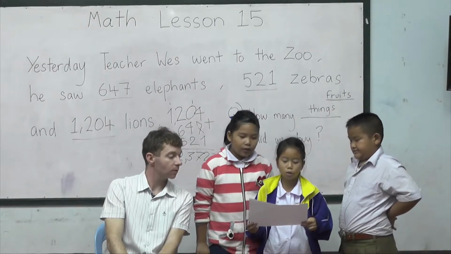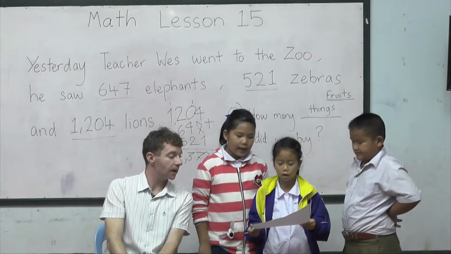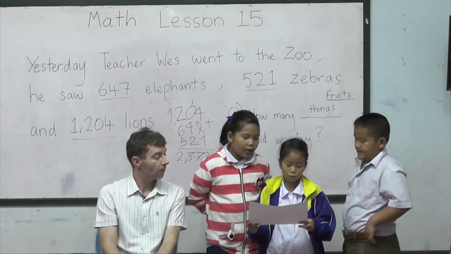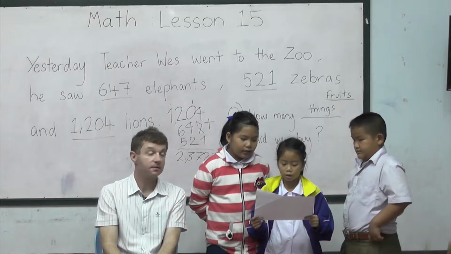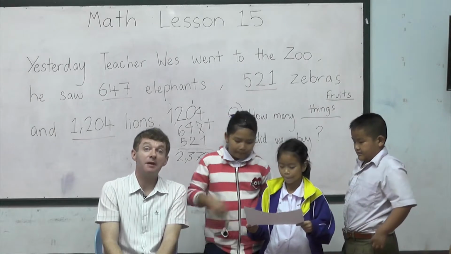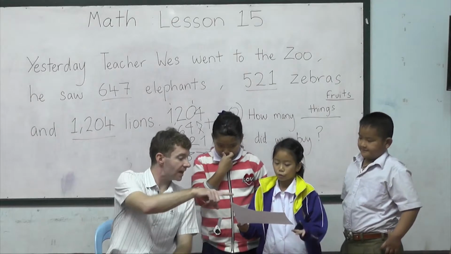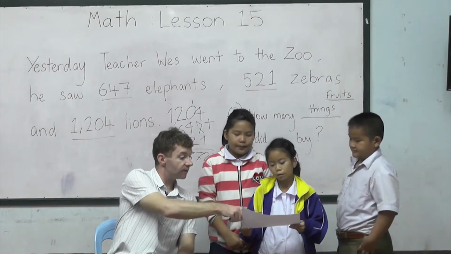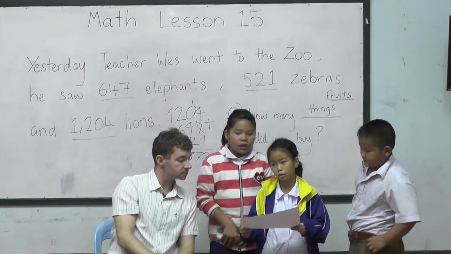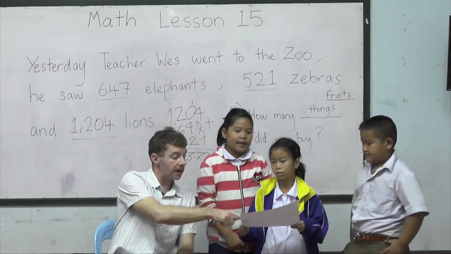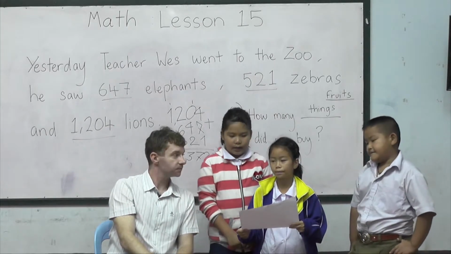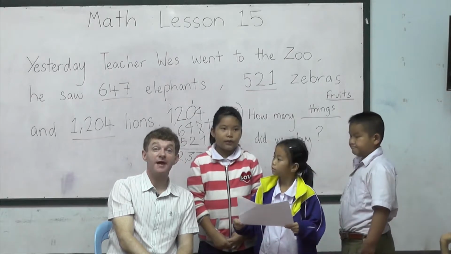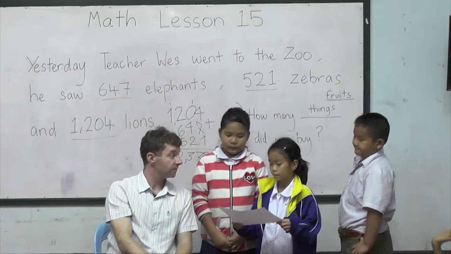And Prel go to buy 190 bananas. How many things did we buy? So first of all, we have 100 cupcakes, 59 apples, 190 bananas, equal 349. 349 things.